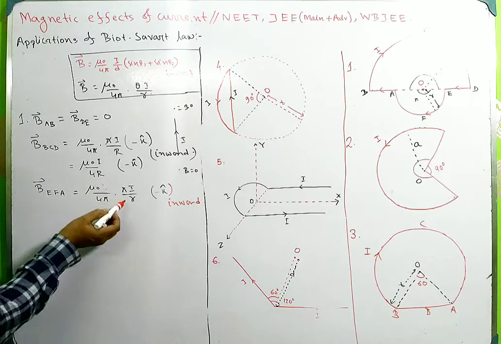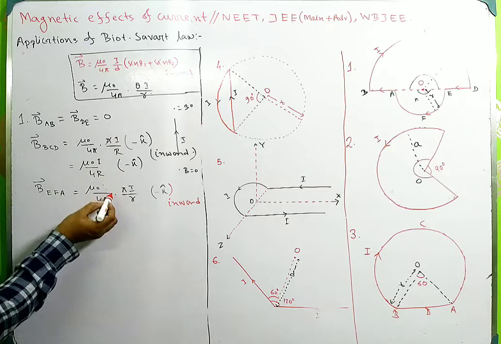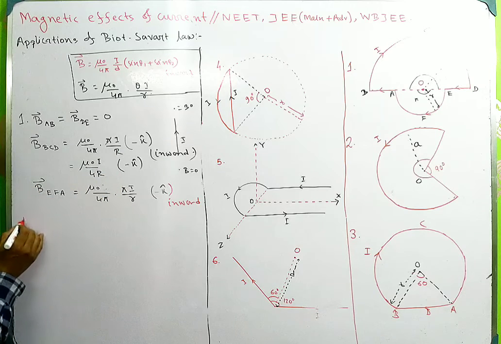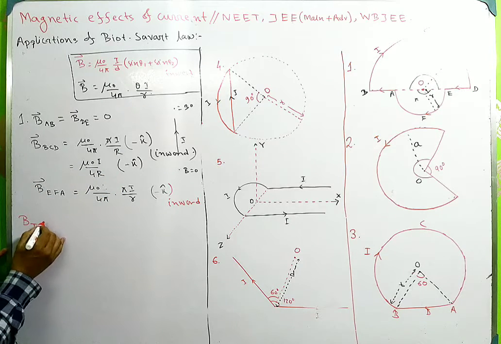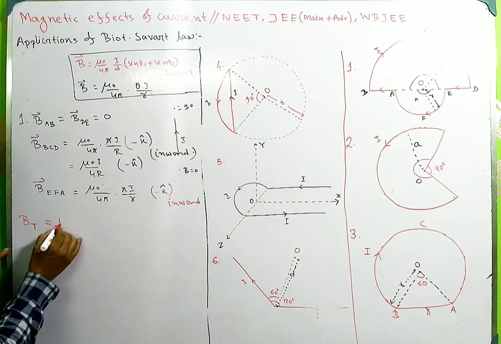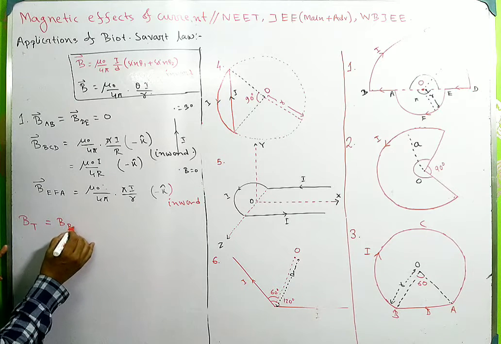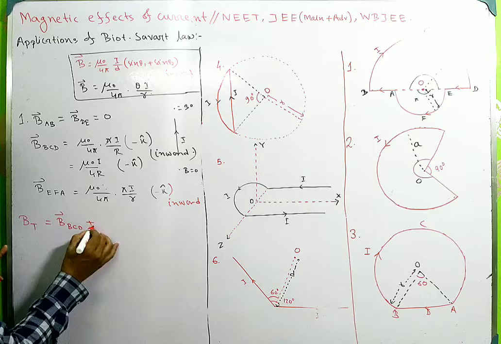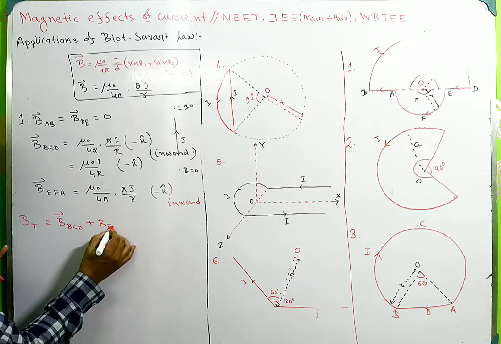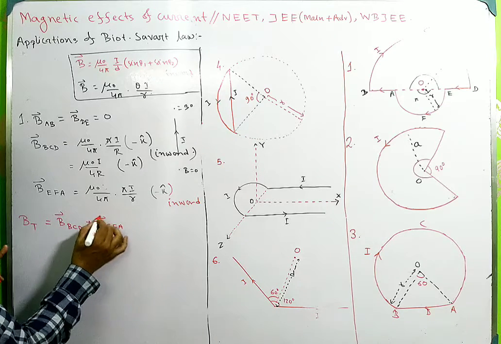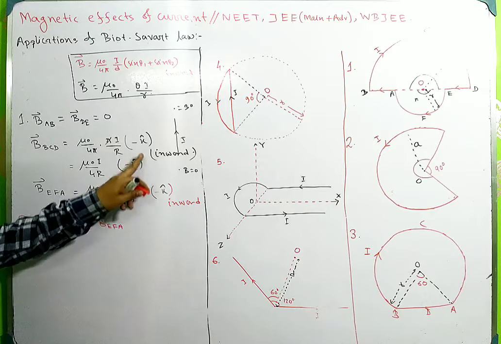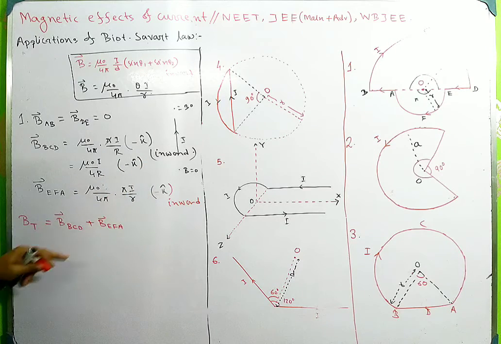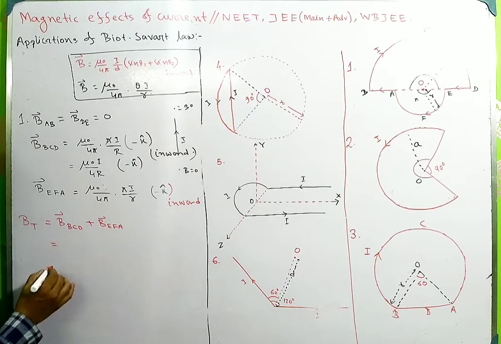So all the magnetic fields are inward, that's why the total magnetic field at O is given by the resultant of these two magnetic fields. These two are in the same direction, so you only have to add them.